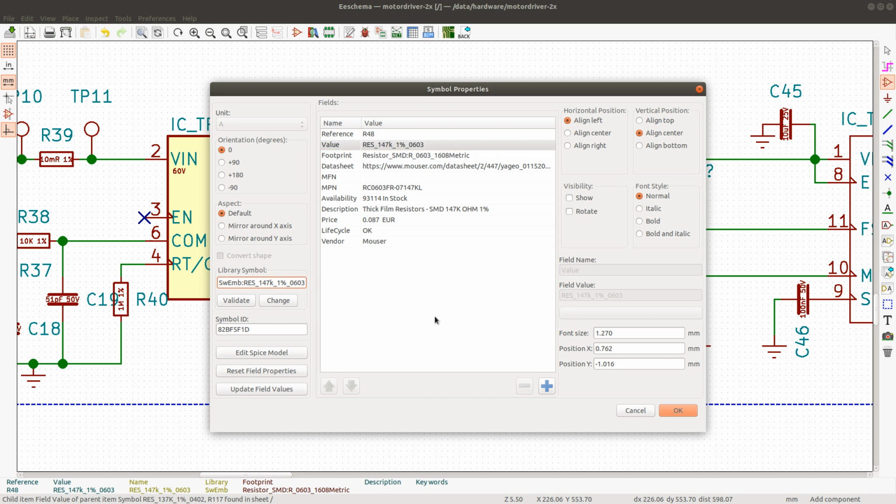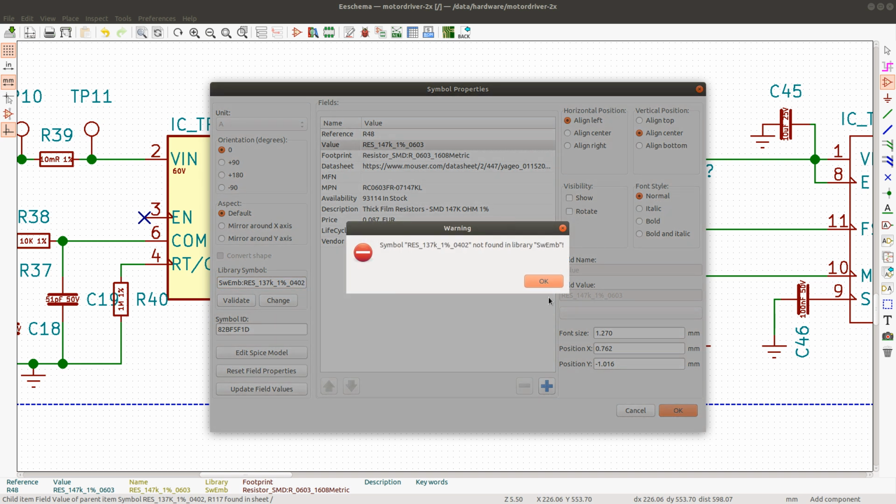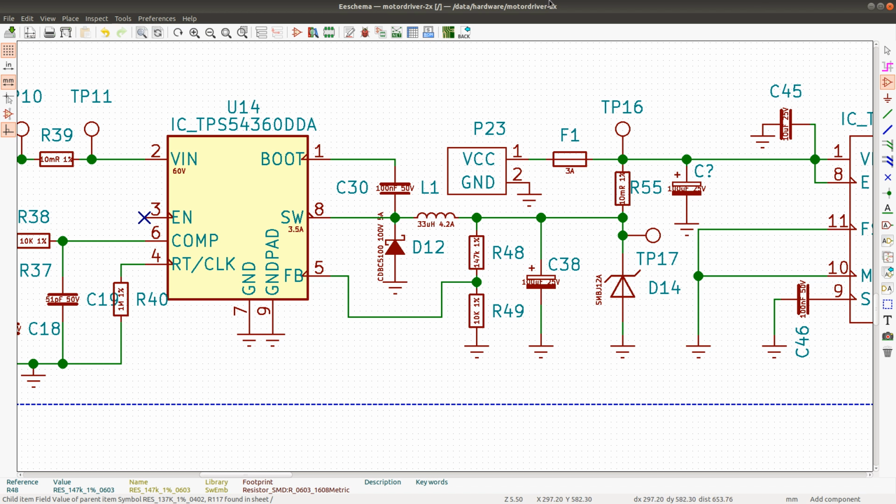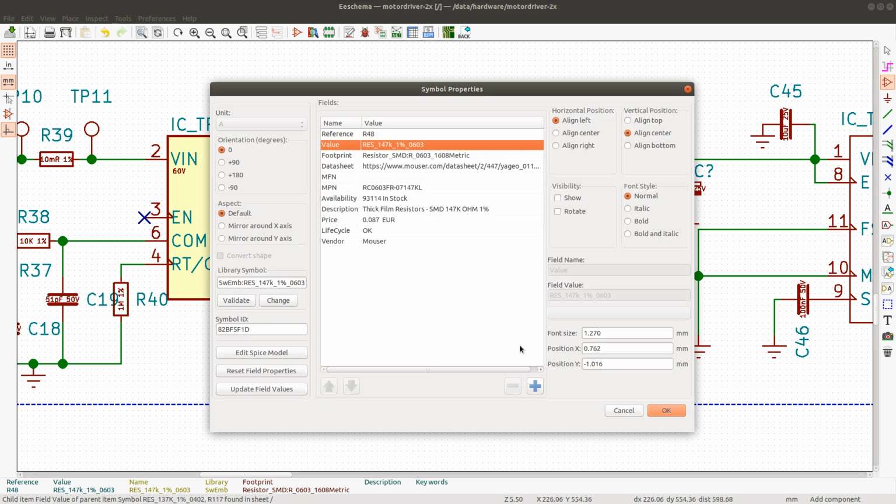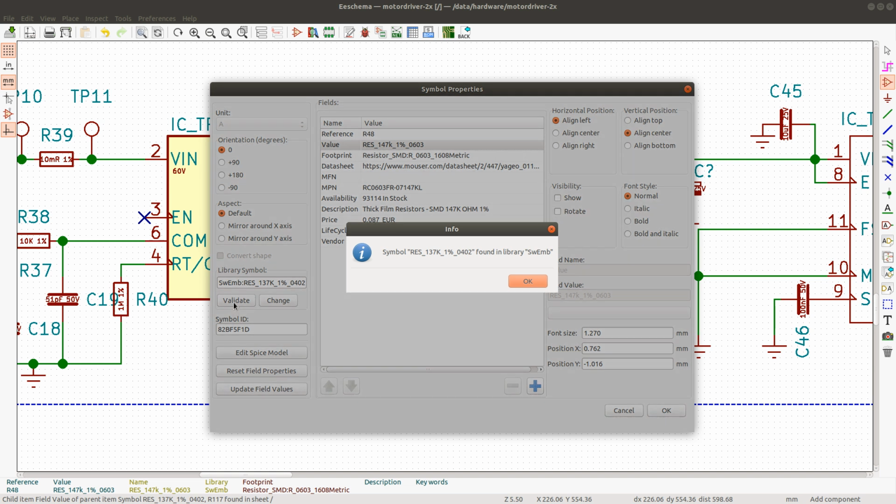Change this to 137 and 402. No! It's so annoying that KiCad closes the window. Let's see. It's a large K there and 137 there. Let's click validate first.